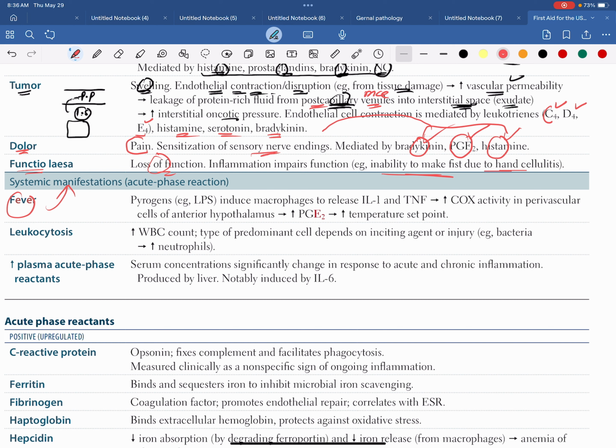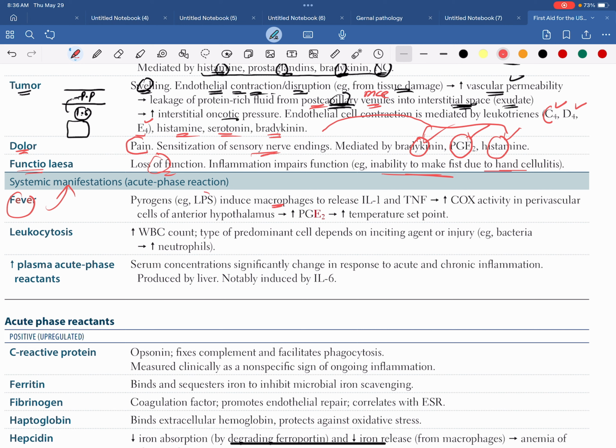Let's suppose bacteria entered your body, and that bacteria is going to produce lipopolysaccharide. These are the pyrogens, the mediators that are produced from bacteria. These will go and stimulate the macrophages, because the macrophage is an immune cell that engulfs the bacteria to prevent our body from infection.